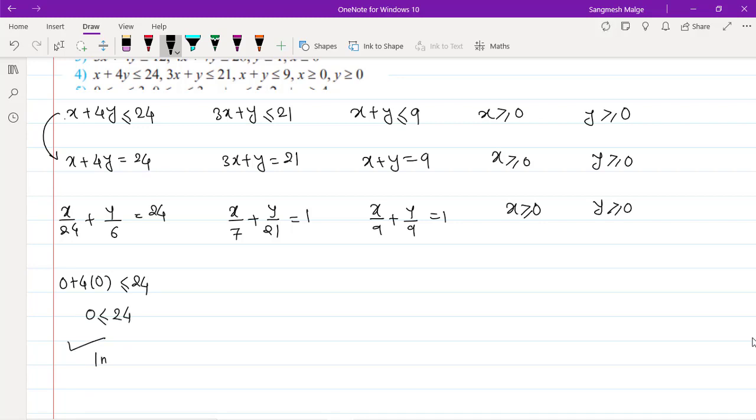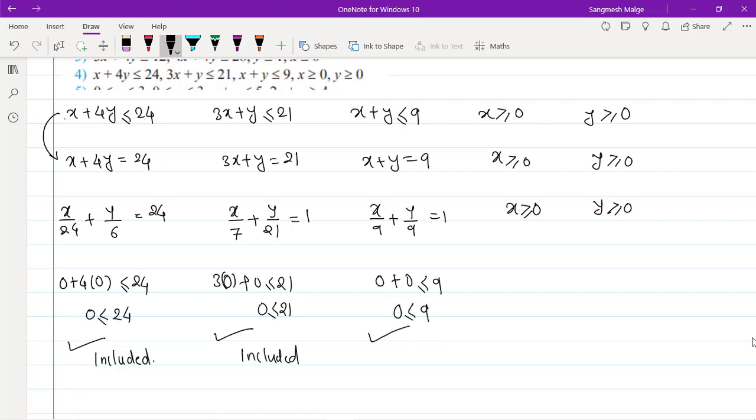So 0, 0 is included. What about next? 3 into 0 plus 0 less than or equals to 21, no problem, the origin is included here also. What about third? 0 plus 0 less than or equals to 9, no problem, again the origin is included in the feasible solution set for the third line.